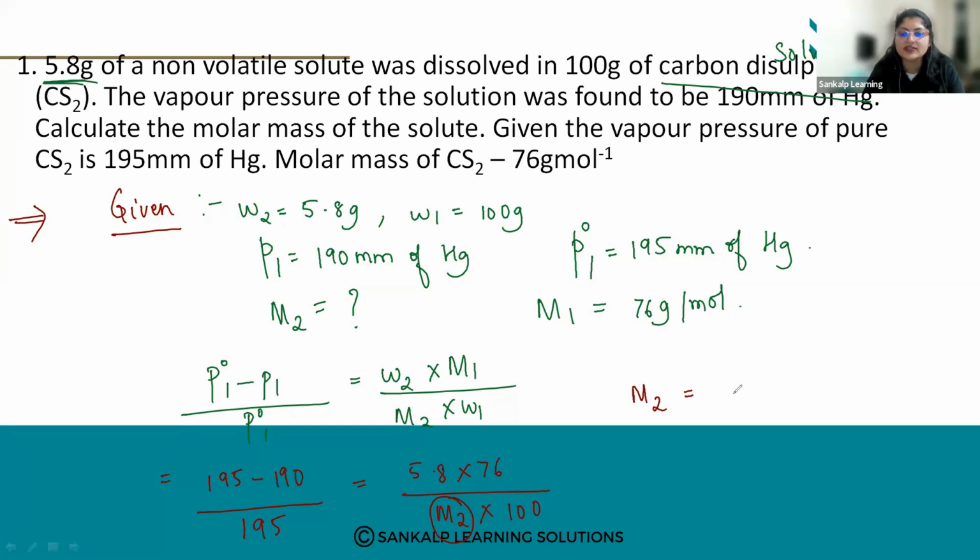When you transfer, this becomes 5.8 into 76 into 195, and here it will be 100 into 5. See what answer you are getting. What is the answer you have got? Try solving this. Just check.